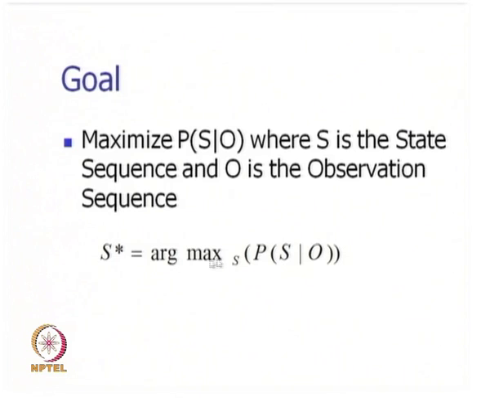We obtain different values of this probability P S given O. Wherever we reach a maximum of P S given O, we record that particular S and the output is given as that particular S, which is S star. So, this is the best S possible for us, because for that S the probability P S given O is maximized.